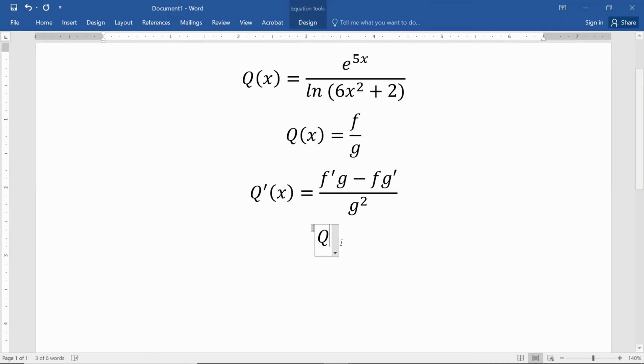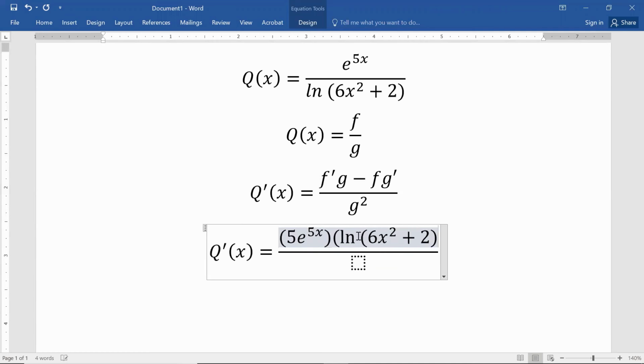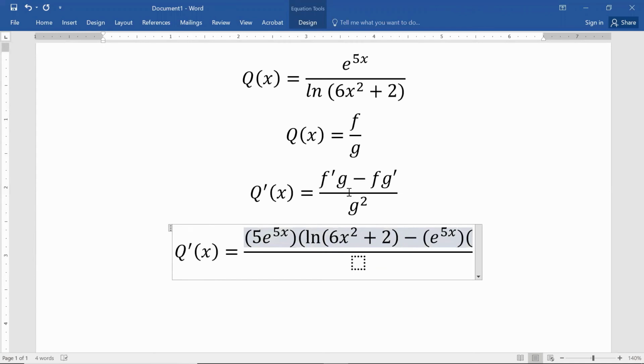Q prime of x is equal to the derivative of my numerator, which is going to be 5e to the 5x, times the normal denominator, natural log of 6x squared plus 2, minus the normal numerator, e to the 5x, times the derivative of the denominator.